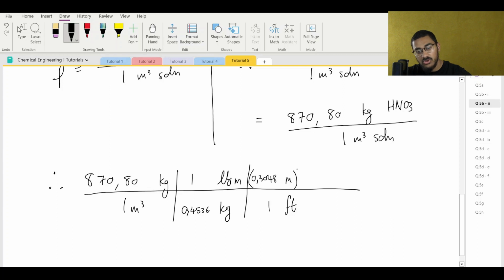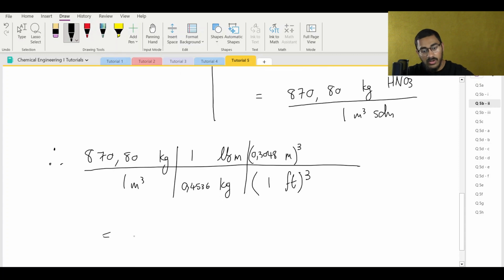Because I want to cancel cubic meters, I'm going to cube it. And whatever you do at the top of the ladder, you must do at the bottom of the ladder. So you put in all of these conversions, and you should end up with 54.36 pound masses of nitric acid per cubic foot of solution.